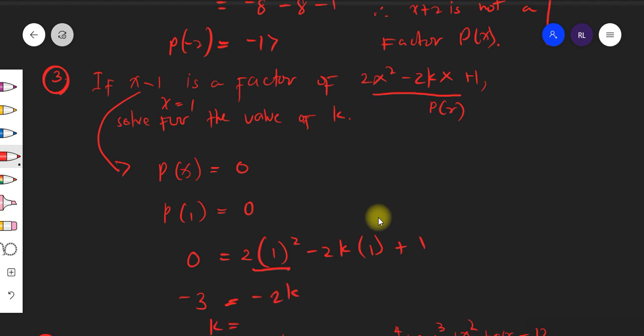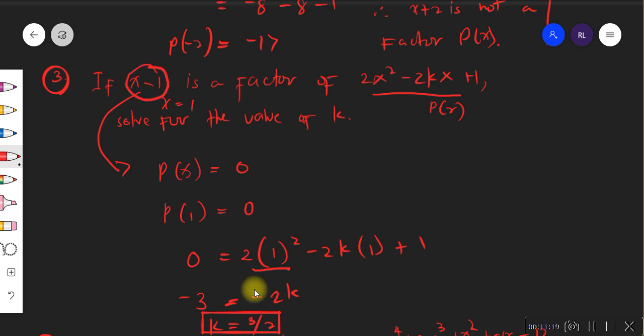So k is simply 3 over 2. So this k here must be replaced with 3 over 2 so that the resulting polynomial is now factorable with this factor. It's now divisible by this factor.